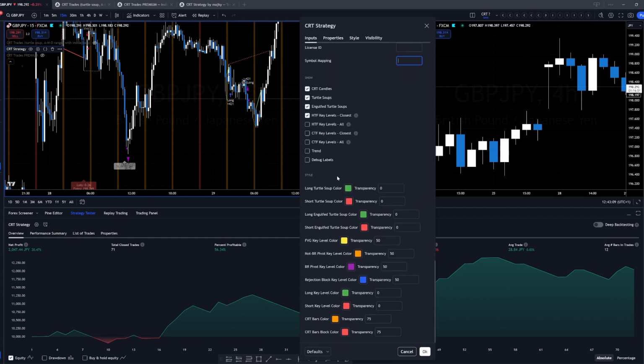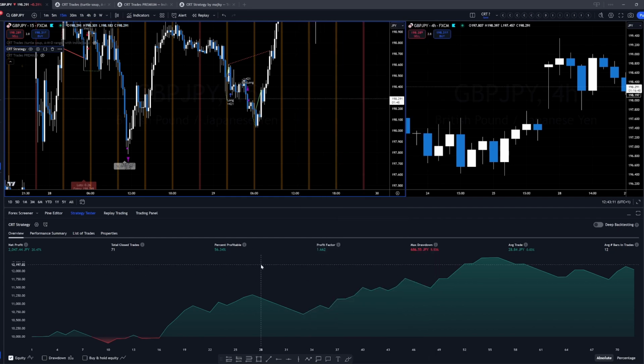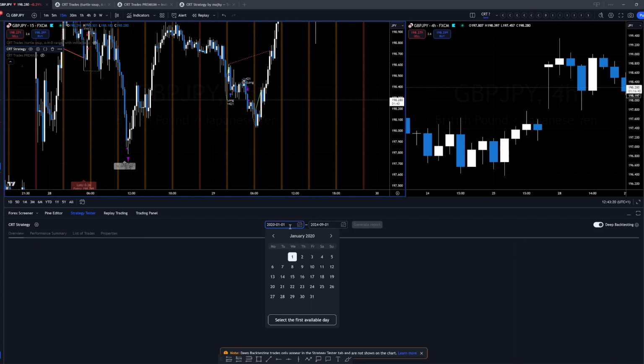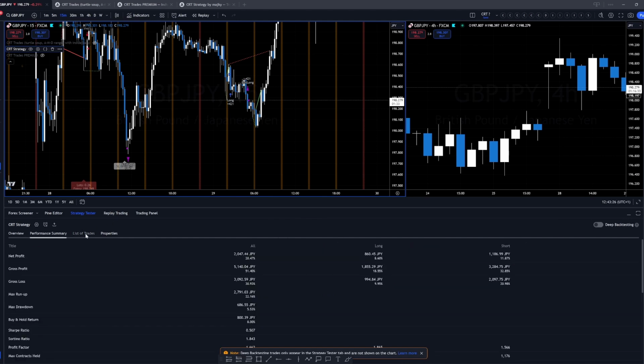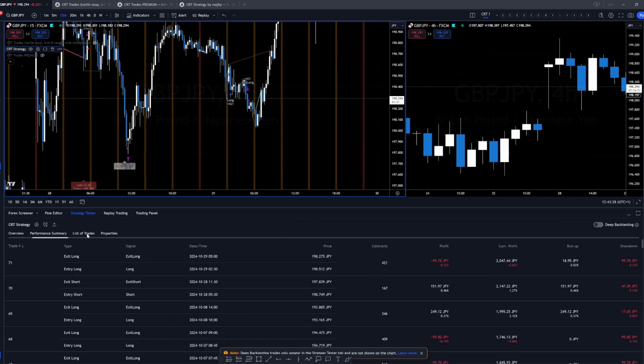Okay, and you can also have very detailed backtesting. You can do some deep backtesting, like 4 years ago and so on, or 10 years back into the history, and have detailed backtesting statistics.